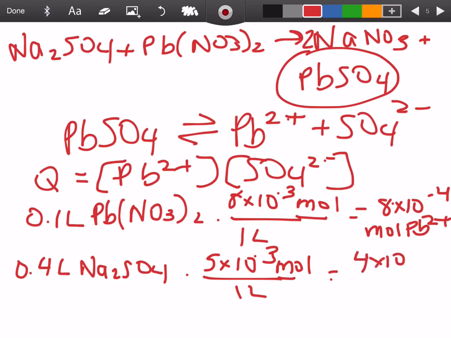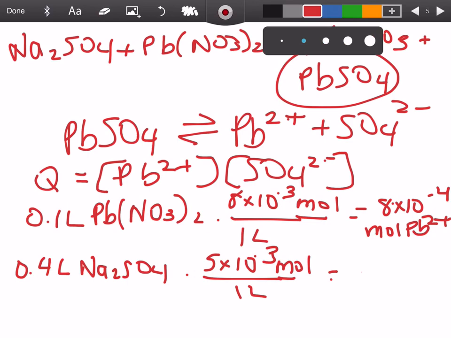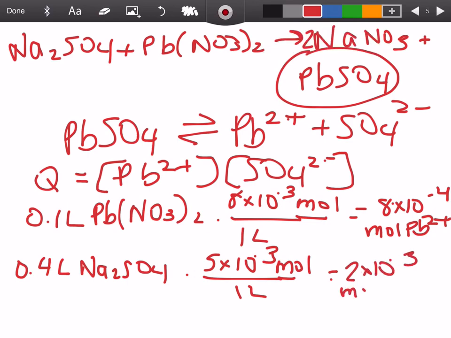Oh, wait, no, I'm sorry, that's the wrong number. I was looking at the wrong thing. That should give me 2 times 10 to the minus 3 moles of SO4 2-. I didn't have to multiply by any other numbers here because if we look at my formulas, it's 1 Pb2+ ion for every 1 PbNO3 and 1 SO4 2- ion for every 1 Na2SO4.